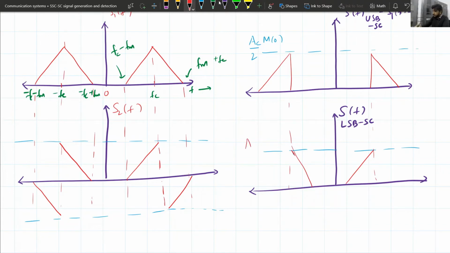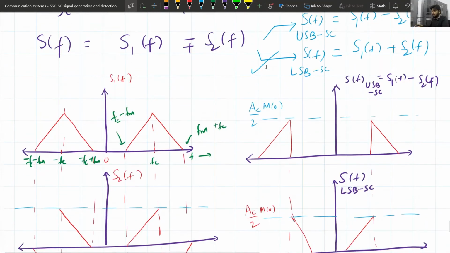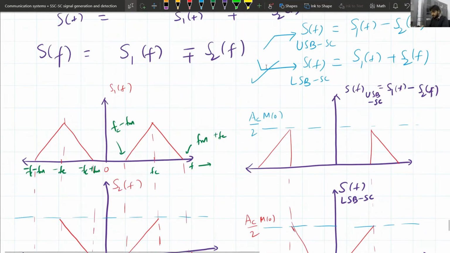It will have a gain AC by 2 into L naught. So this is how we can obtain with the help of Hilbert transform. We found the M hat T, and just doing the addition and subtraction we can obtain the corresponding USB-SC signal or the LSB-SC signal.